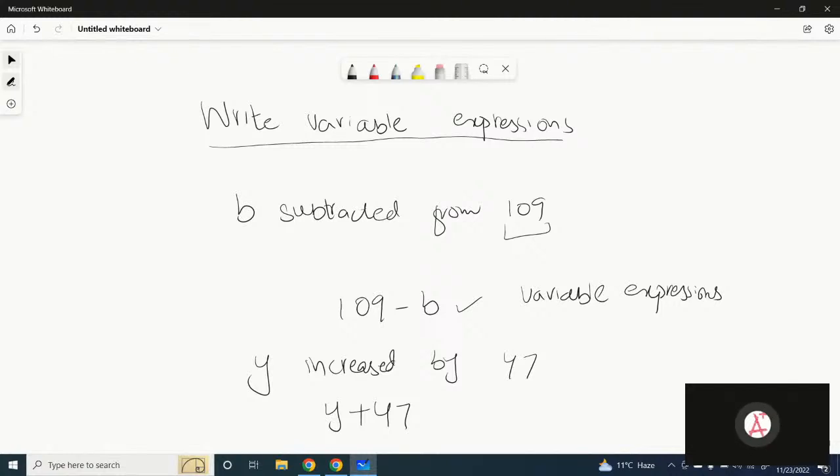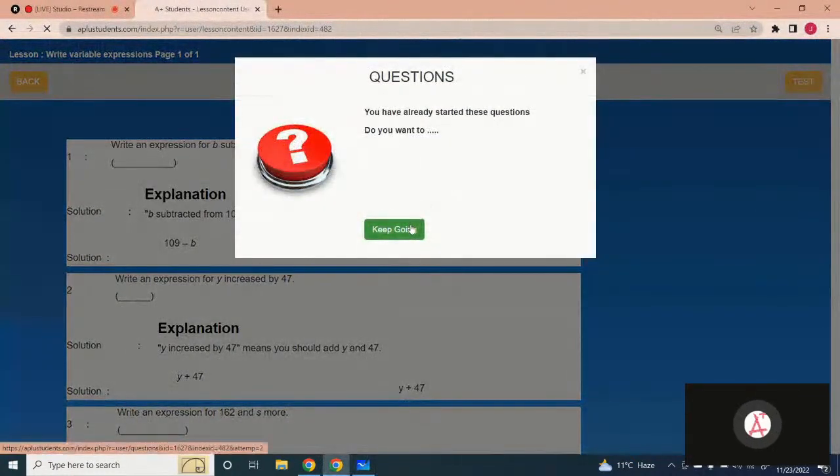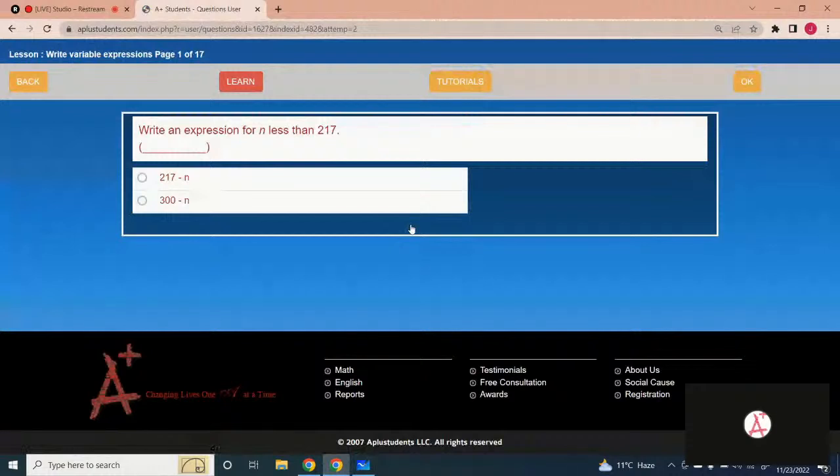Yes, we have just started with variable expressions. Chapter variable expressions. Okay, let's just start with the practice questions. Okay, write the expressions for n less than 217. Got it?